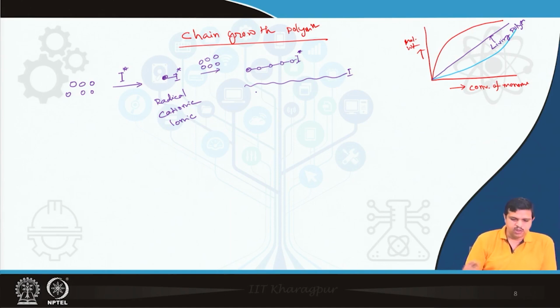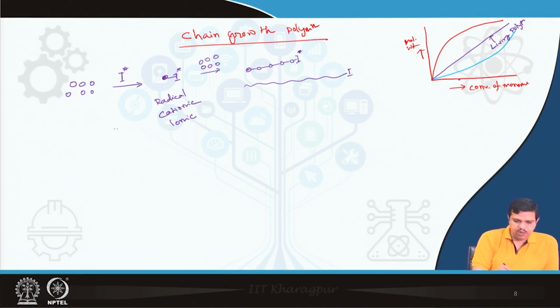As I told you, initiation, propagation and termination are quite visible in this kind of polymerization, where at a particular time, let us say at this time, you will get high molecular weight polymers along with some monomers left, but in step growth the scenario is different.